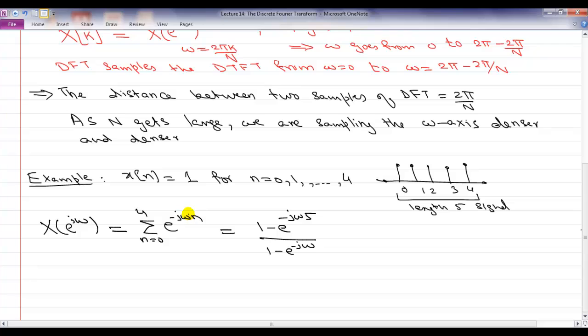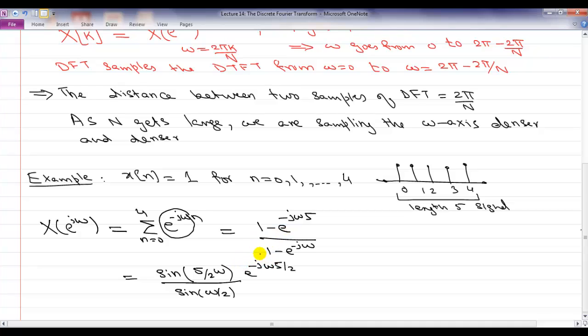My r is e to the minus j omega, I have 5 terms, so I get 1 minus r to the number of terms divided by 1 minus r. And if you manipulate it using Euler's identity, what you get is sine of 5 omega by 2 over sine of omega by 2, and there is the e to the minus j omega 5 by 2 factor.